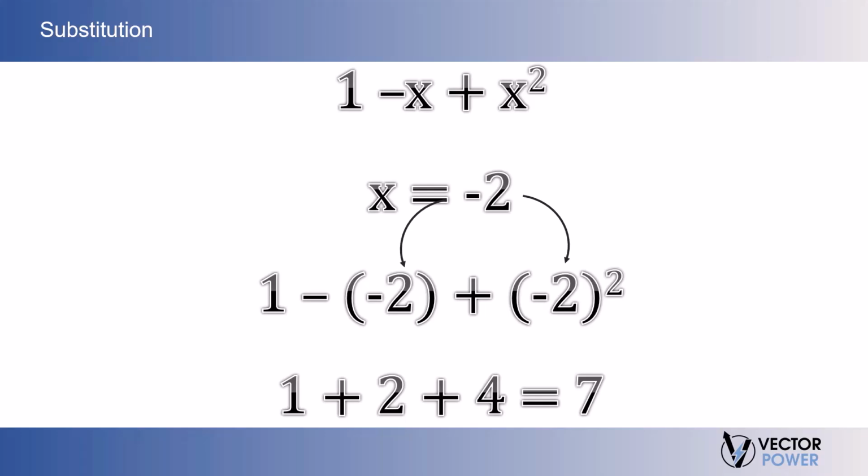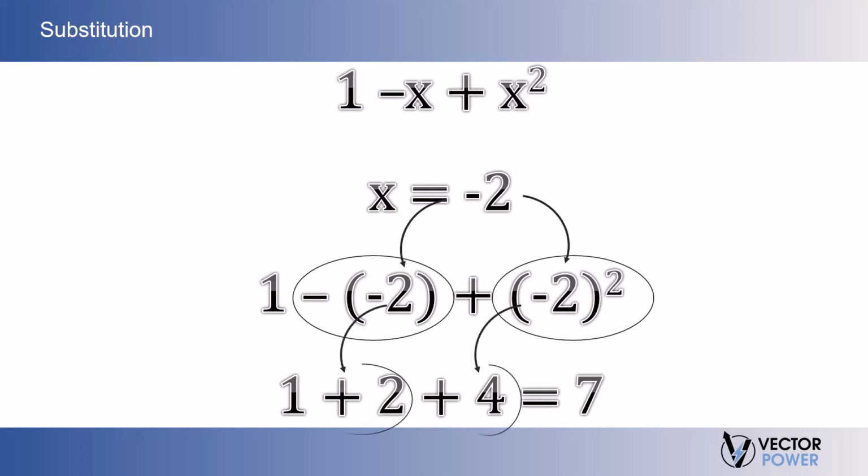And what we have is the minus 2 and the minus 2 squared becomes plus 2 and plus 4. Or 1 plus 2 plus 4 equals 7. And this is because of special rules concerning negative numbers.